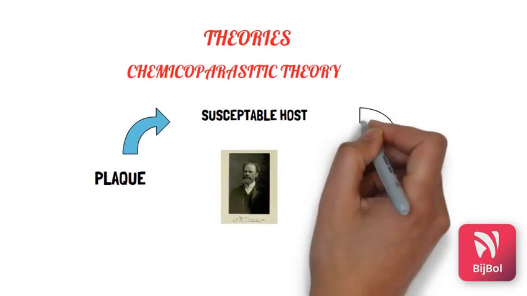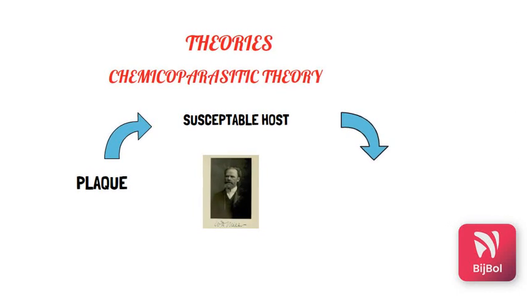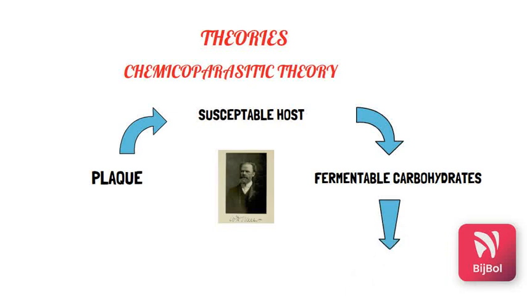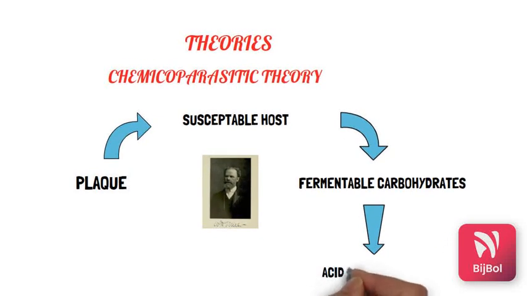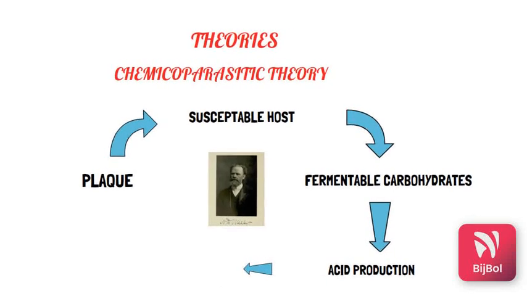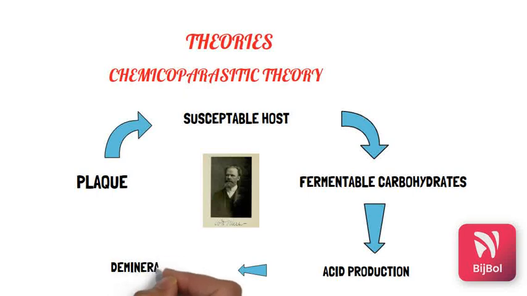When this comes into contact with fermentable carbohydrates, it will release some acid, and this acid production will later lead to the demineralization of the inorganic portion of the enamel, resulting in the development of dental caries.